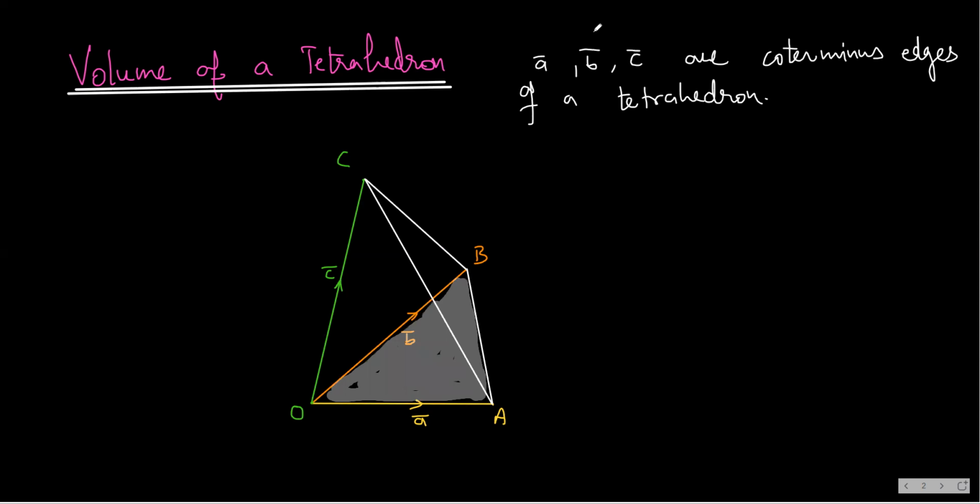And then from here, this surface is the one that you have on the right side. See, triangle ABC, it is the side triangular surface. And then here you have the front triangular surface, triangle OAC.